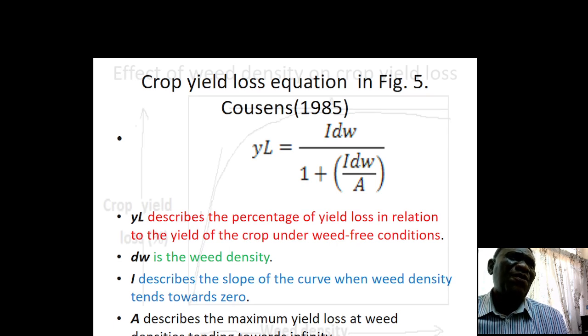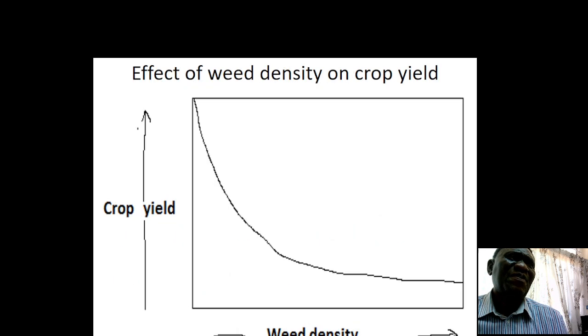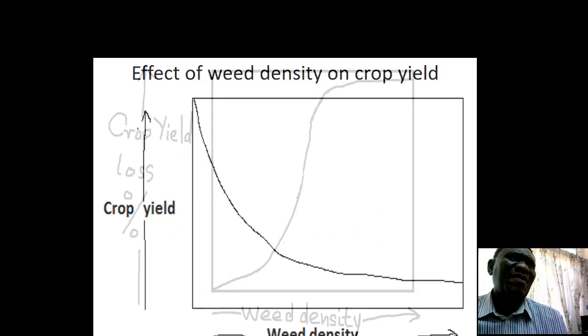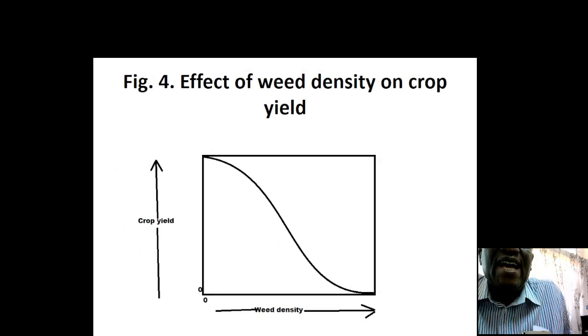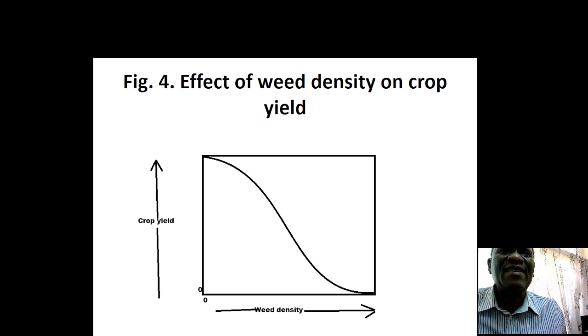So before I go very far, there are two approaches if we look at the relationship of weed density versus crop yield loss. This first one was proposed by Zimdar, who said that a few weeds may not affect the yield seriously. This is what the graph is saying.